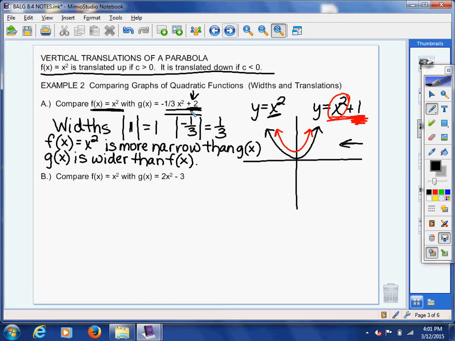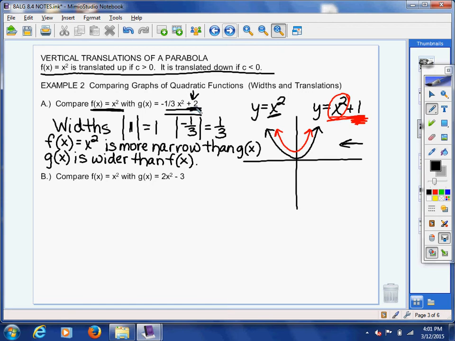Remember what I said at the beginning of the video. If c, which is your constant number, is a positive number, the graph is going to move up. And if it's less than 0, if it's a negative number, it's going to travel down the y-axis that many units. So we have a plus 2.